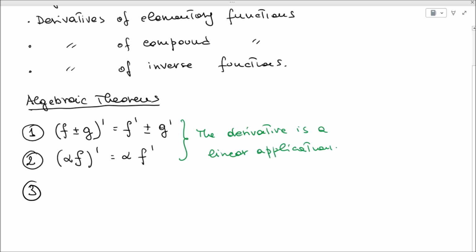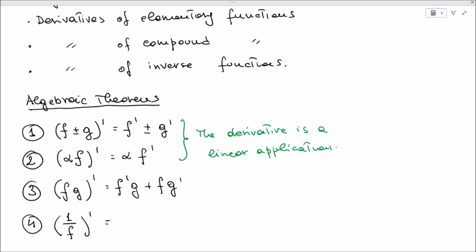3. The derivative of the product fg prime is equal to f prime g plus f g prime. Then 4, the derivative of the reciprocal 1 over f prime is just equal to minus f prime divided by f squared.